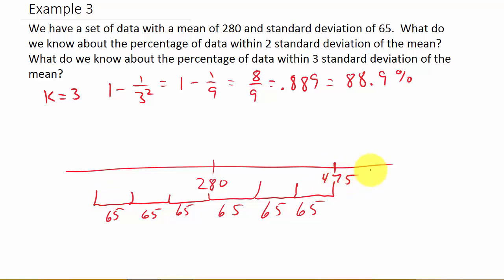And if I do 280 and subtract 65 three times, that would give me 85. I'm not going to write it out like I did earlier, but I can say that 88.9% of the data lie between 85 and 475.